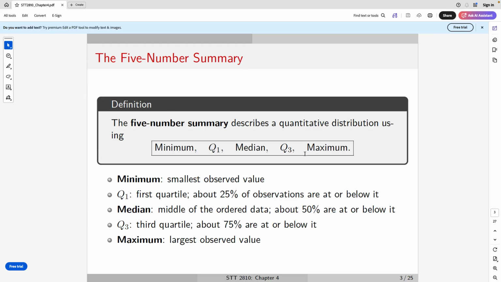You should be able to understand that with a 5-number summary, the first number is the minimum, followed by the Q1, and then the median. The median is also the Q2. And then this is Q3, the third quartile, and then also the maximum. The order is very important, so you don't mix them.